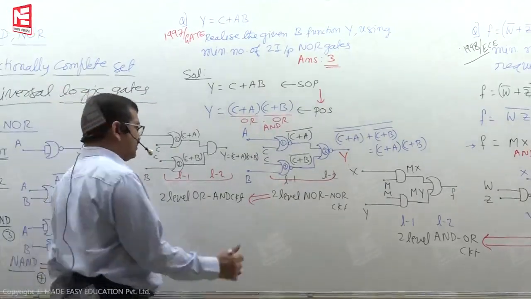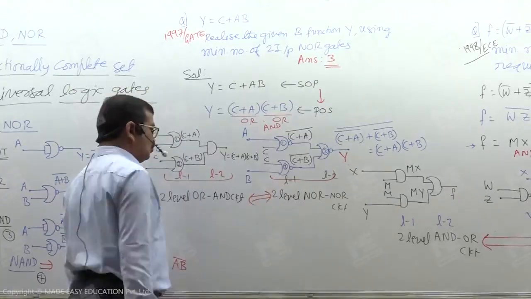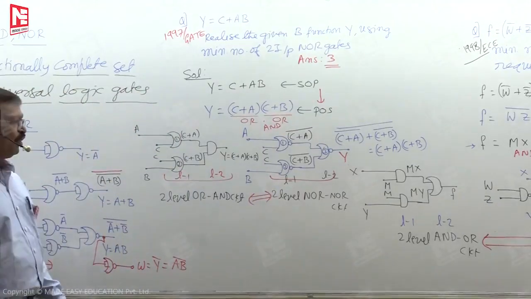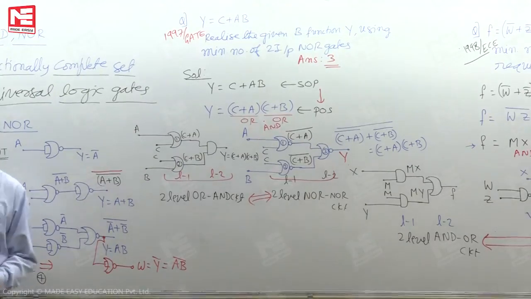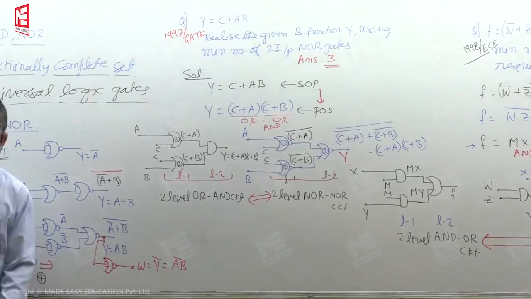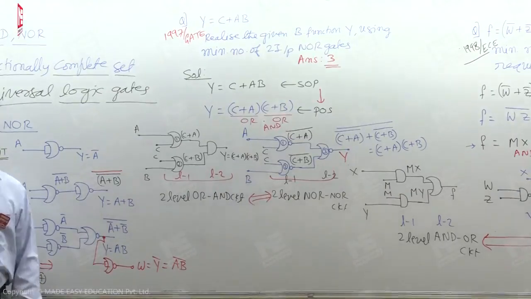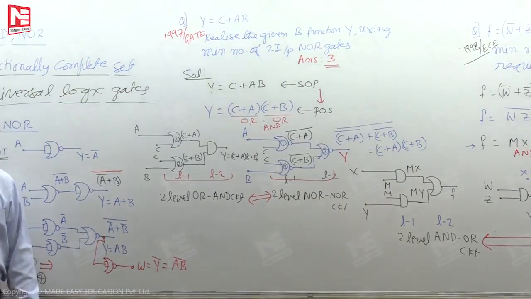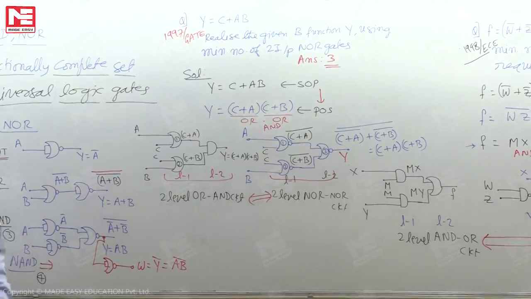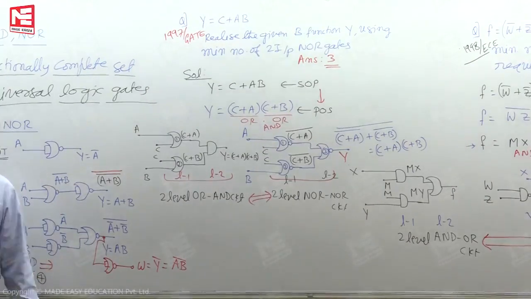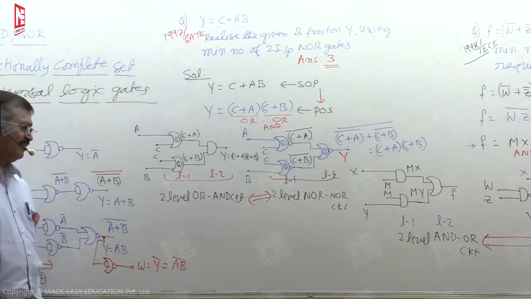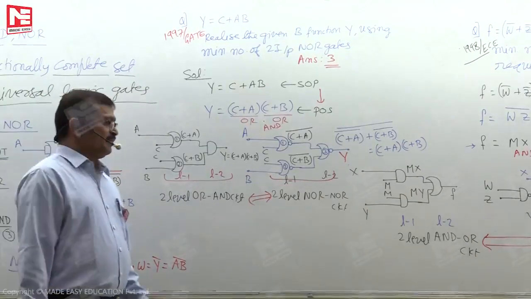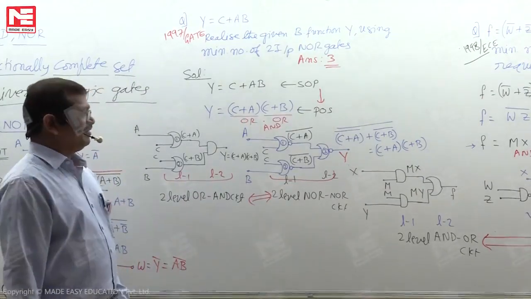A 2-level OR-AND circuit can be replaced with only universal logic gates, just by using only NOR gates. Similarly, a 2-level NAND-NAND circuit is equivalent to a 2-level AND-OR circuit. These are the conclusions we have.